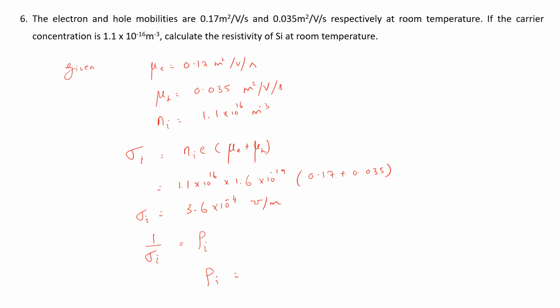So I'm getting 2.77 into 10 power 3 ohm meter. Okay, unit also reciprocal of it. So mho becomes ohm, per meter becomes into meter. Okay, so this is the answer.